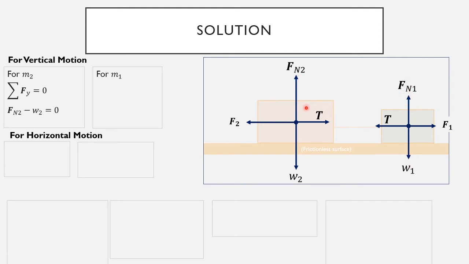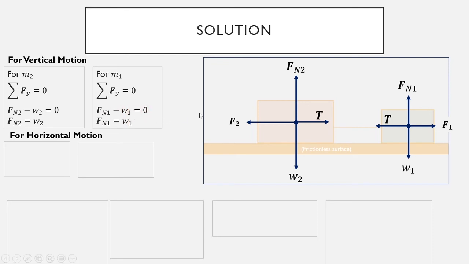And since dalawa lang naman yung forces acting on this, pag minus mo yan, 0 lang pala siya. Ibig sabihin, equal na equal sila. Patas na patas. Action and reaction, di ba? For mass number 1, the sum of the forces on the Y-axis, 0 din. Kasi hindi naman siya lumulubog, hindi siya lumulutang. Ibig sabihin, your normal force minus yung kanyang weight is 0 lang din. They cancel each other out.